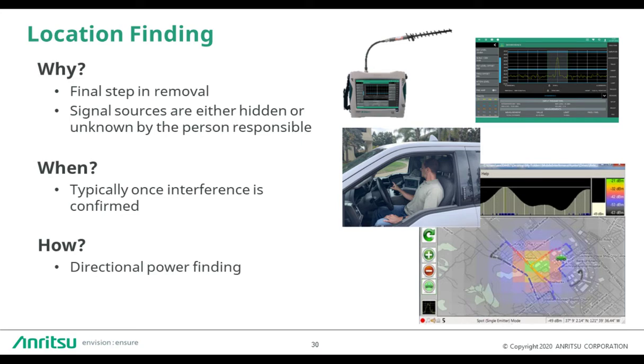This is important because, of course, you can have all the information in the world you want about an interferer, but if you can't stop it, then it's really not all that much use to you. This will help tell you whether the signal is hidden, or in many cases, it's often unknown by the actual culprit of the interference.